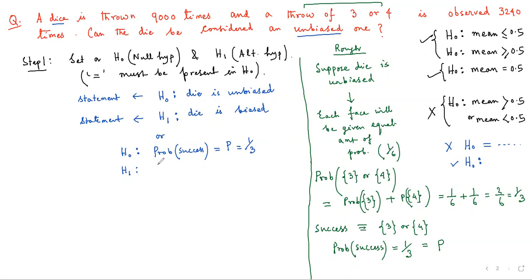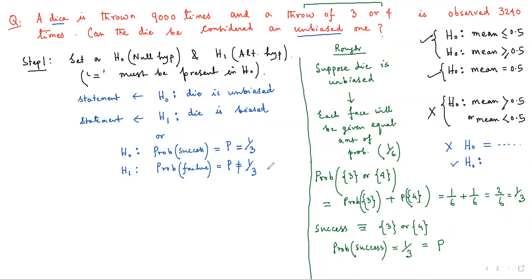And you see, if I do so, the equality symbol is actually appearing in the null hypothesis, which is quite expected. And consequently, in the alternative hypothesis, we are writing the probability of failure in the following manner, which is equivalent to P not equal to 1/3. What would be the probability of failure?